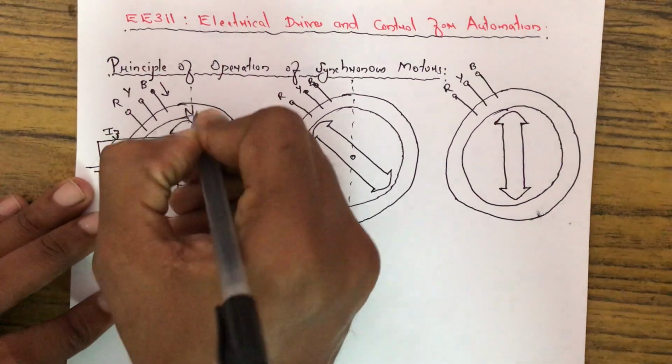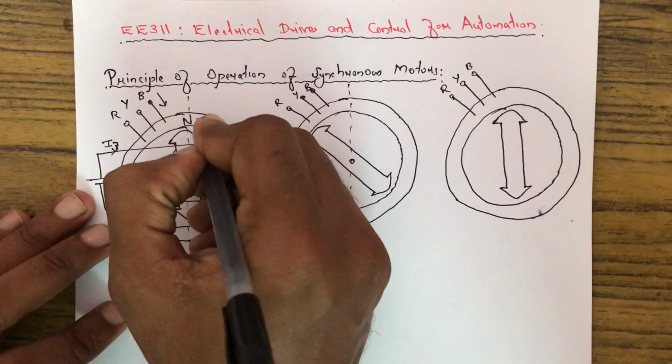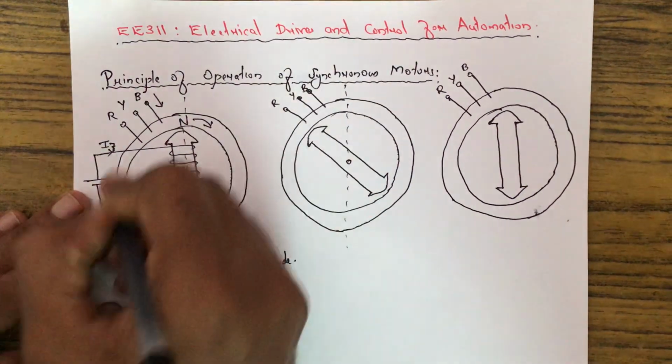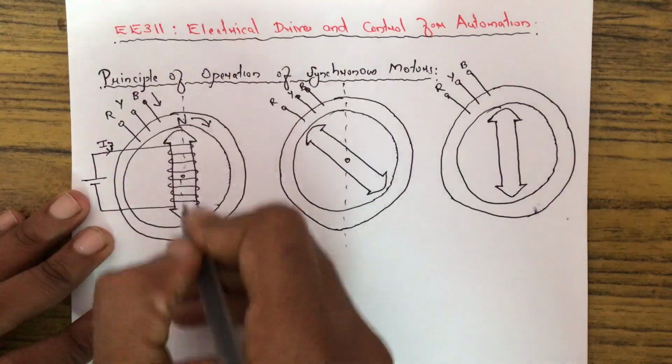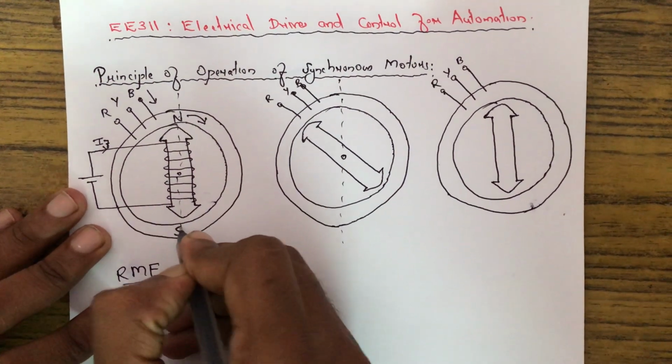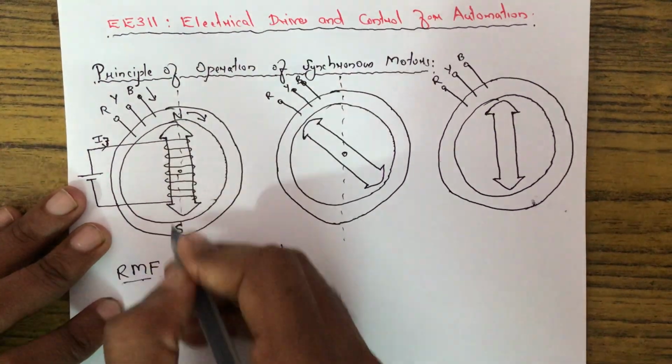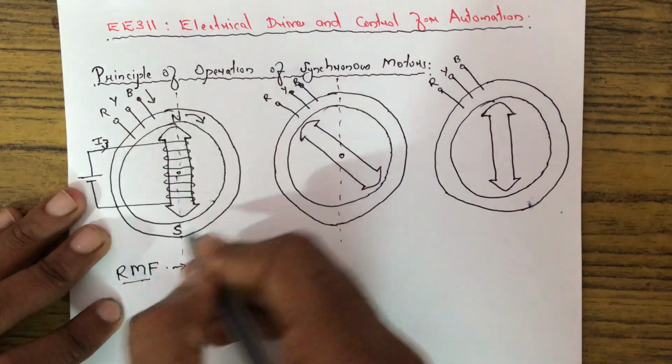That is, with the rotating magnetic field, a north pole will be created that will be rotating around the stator. So here it is north, so here it will be south. Since it is a two-pole machine, I am representing a north pole and south pole on the stator side.